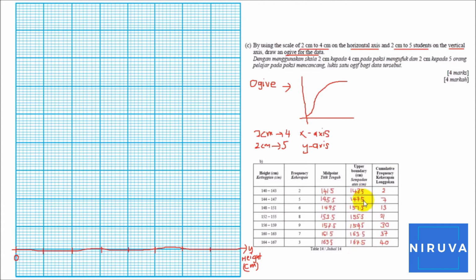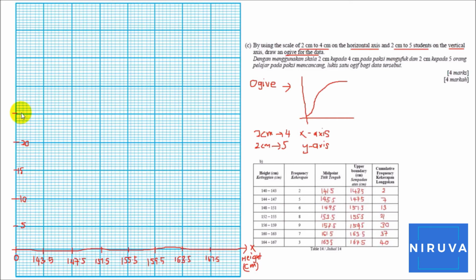So from the upper boundary we have first 143.5, then 147.5, 151.5, 155.5, 159.5, 163.5 and 167.5.